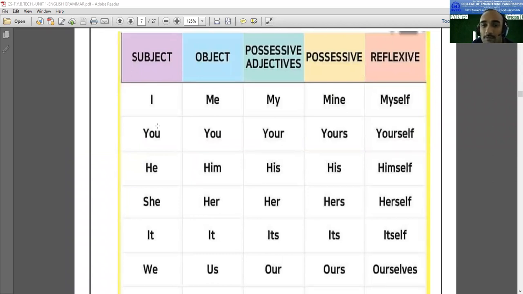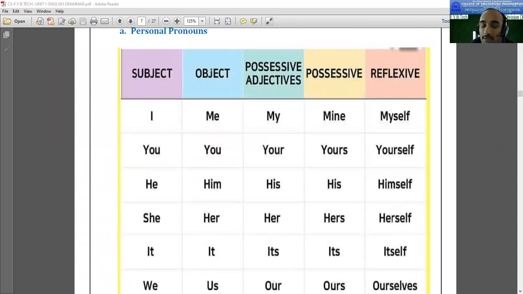These have different cases. आता आपण pronoun म्हणजे सर्वनाम, त्यांना केसेस असतात, म्हणजेच मराठीमध्ये विभक्ती. So personal pronouns have different cases like subjective case, objective case, possessive adjectives, possessive case and reflexive case.